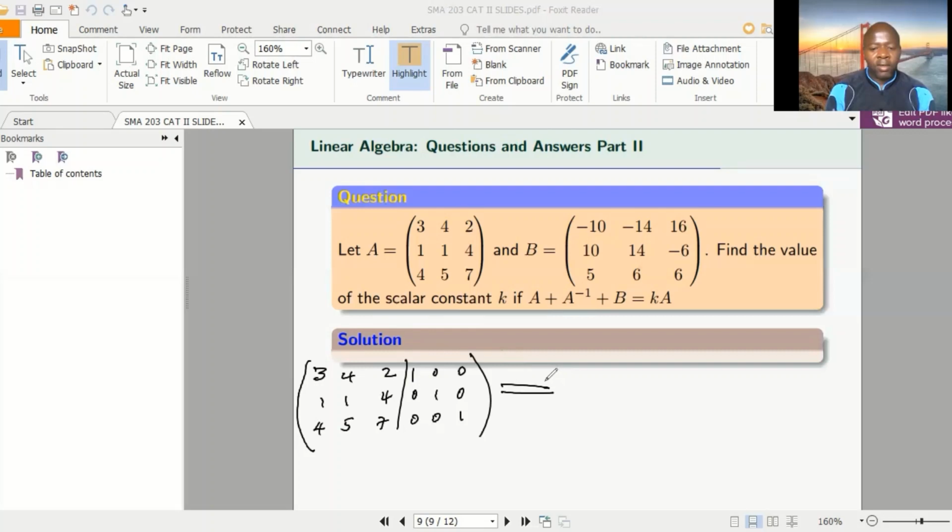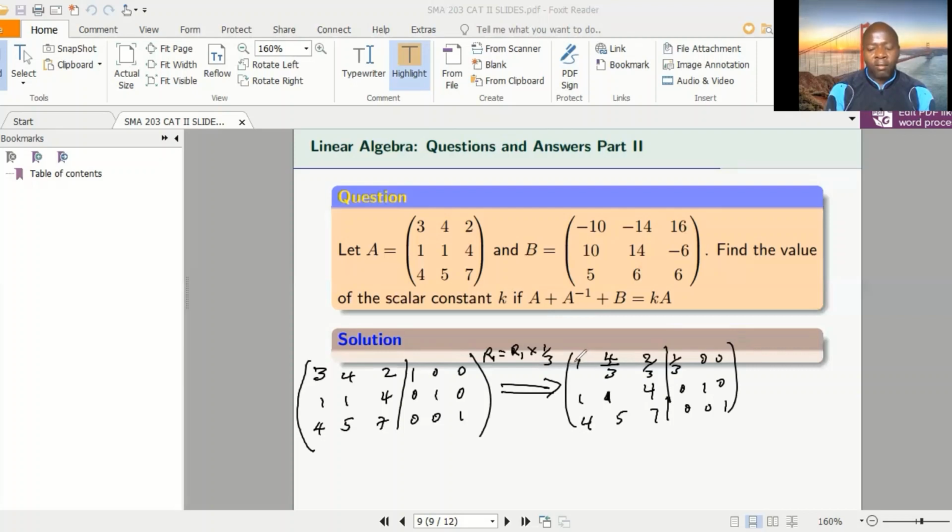Now, the first thing I want to do is create a 1 in this position. So row 1 should now be the original row 1 times a third. And when that happens, I have 1, 4 out of 3, 2 out of 3, a third, 0, 0. Then this other one I will not touch anything: 5, 7, 0, 0.